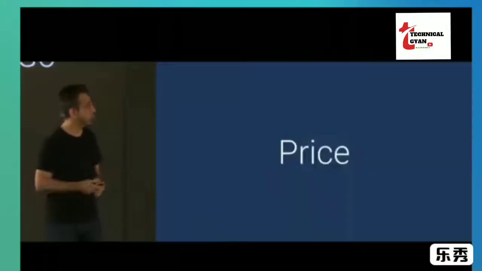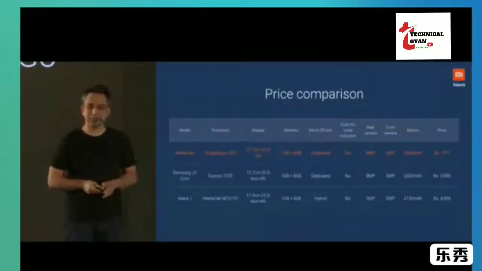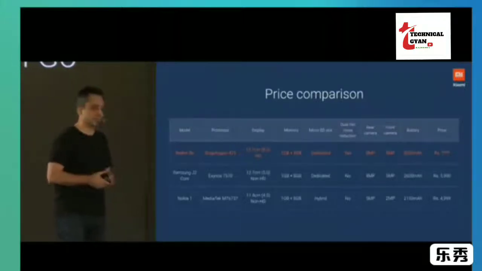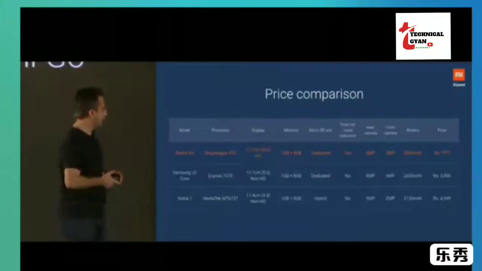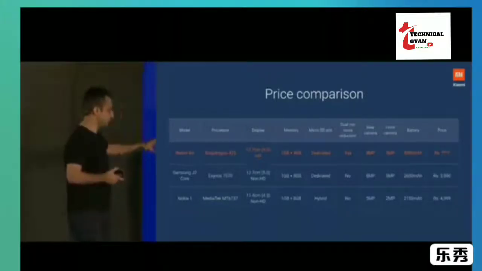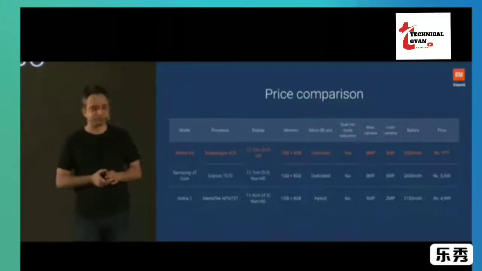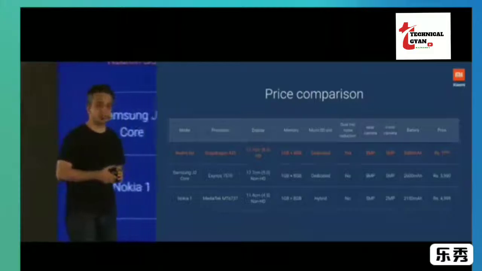Moving on to the price of it. Before I go into the price, I wanted to compare it with two other devices that do have Android Go on them. So you've got the Samsung J2 Core and the Nokia One at about 6,000 and 5,000 each. None of them actually offer a HD display.